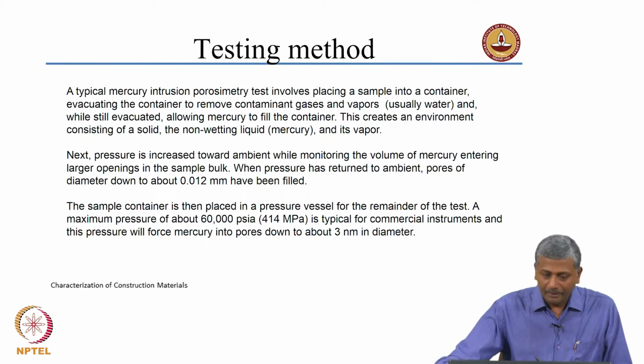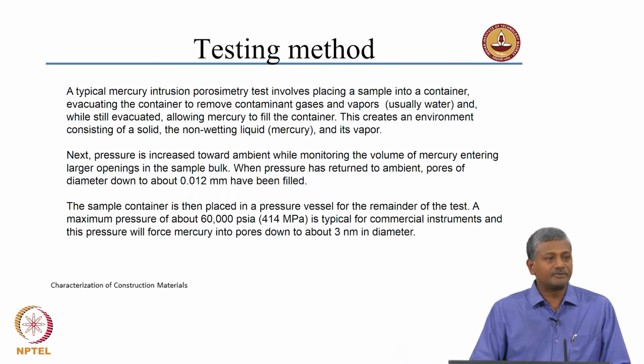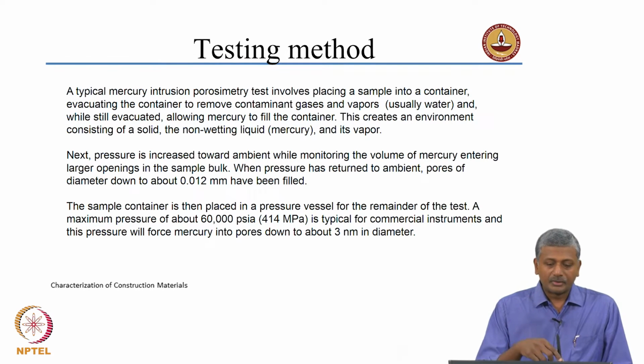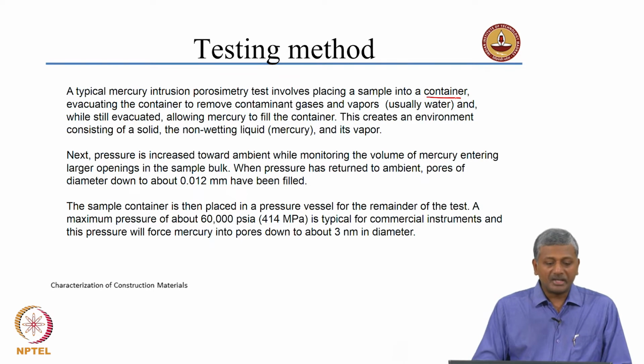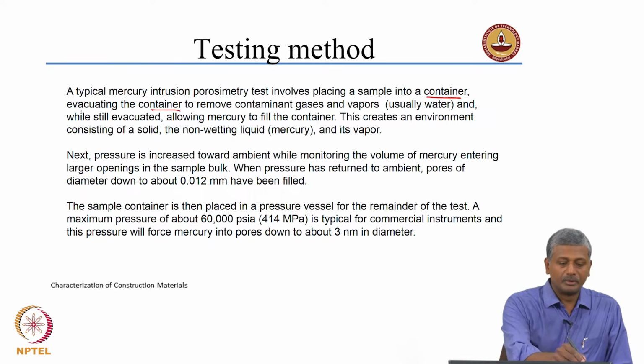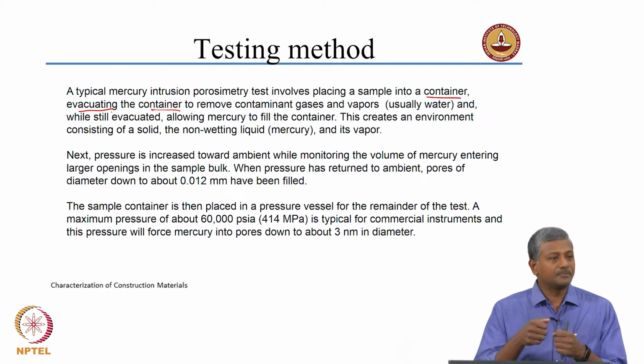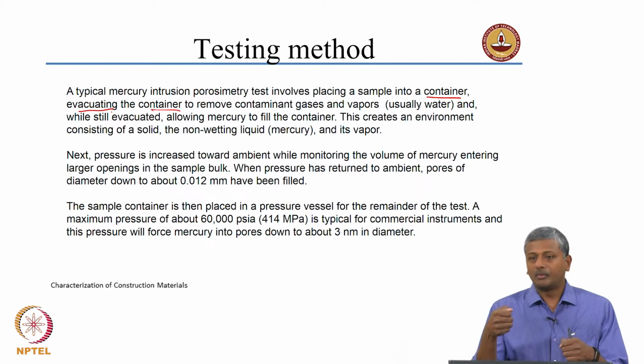Alright, so the method obviously is to have your sample, which is broken up into very small fragments, put inside a sample holder. The container or sample holder then needs to be evacuated. That means we place it in the chamber and evacuate. Why do we need to evacuate?